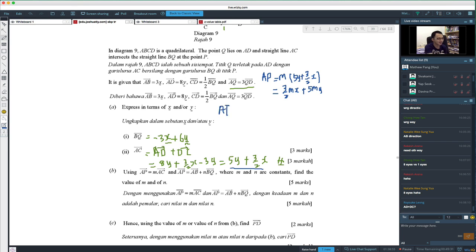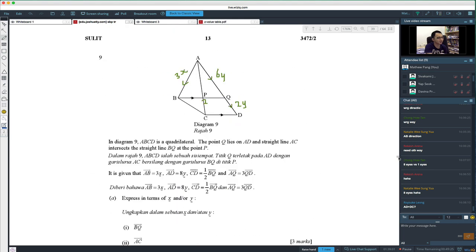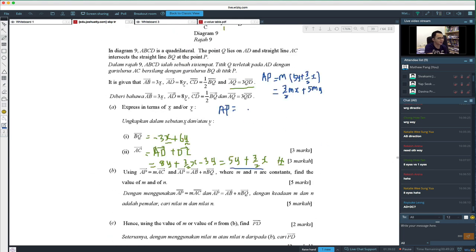The second one, AP equals AB plus n BQ. What's my AB? My AB equals 3x, it's over here. And plus n BQ. Do I have the BQ? Yeah, CD equals half BQ. BQ is negative 3x plus 6y.